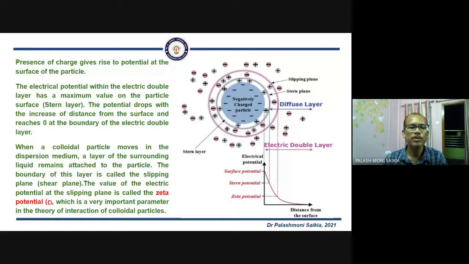So the surface potential is maximum on the Stern layer and zero where the EDL ends, and in between, the potential on the shear plane or the slipping plane is called the zeta potential. So this structural feature of EDL should be very much clear.